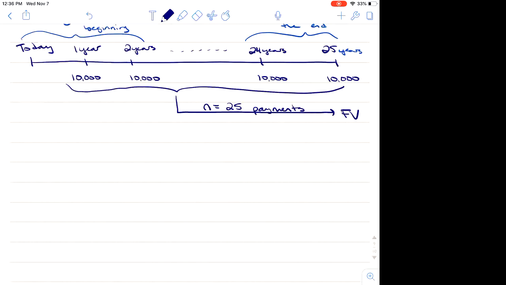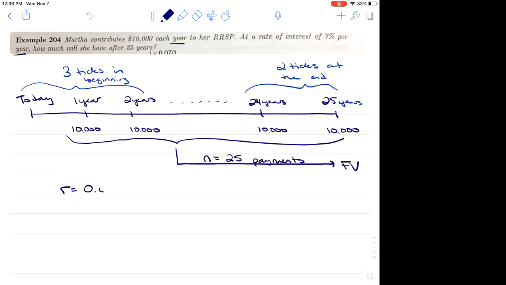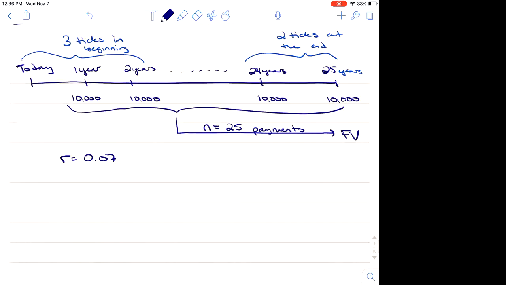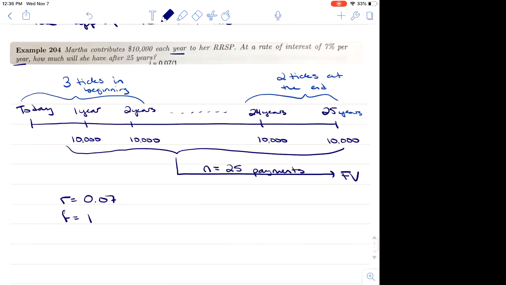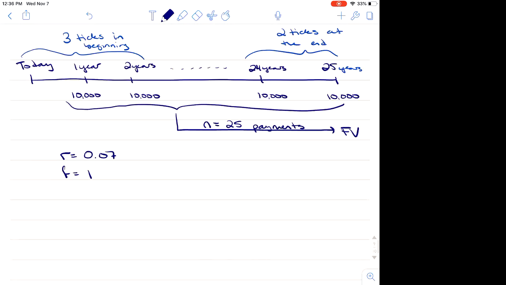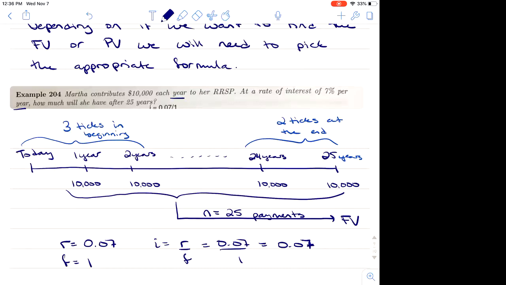So I'll put that on my arrow. We're told that the rate is 0.07. And the frequency is per year. So i is r over f, which is 0.07 over 1, which is 0.07. Because it's compounded per year.